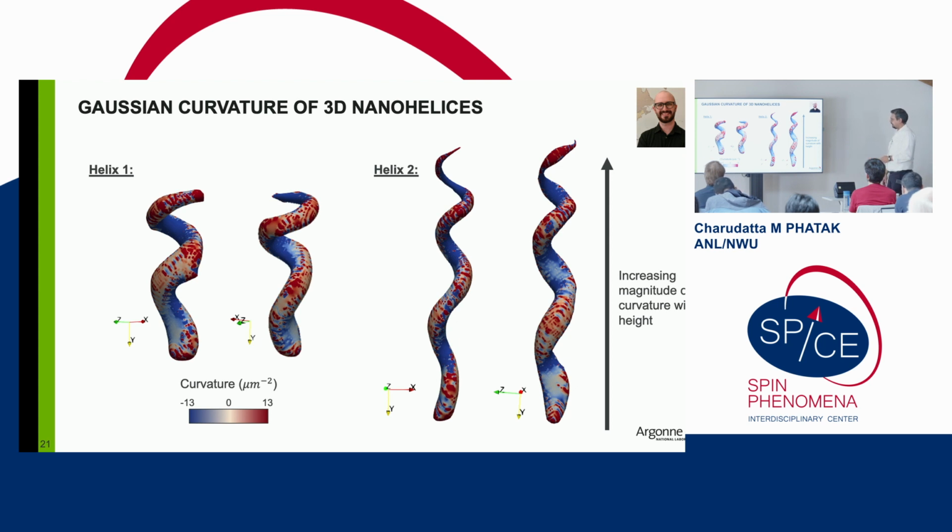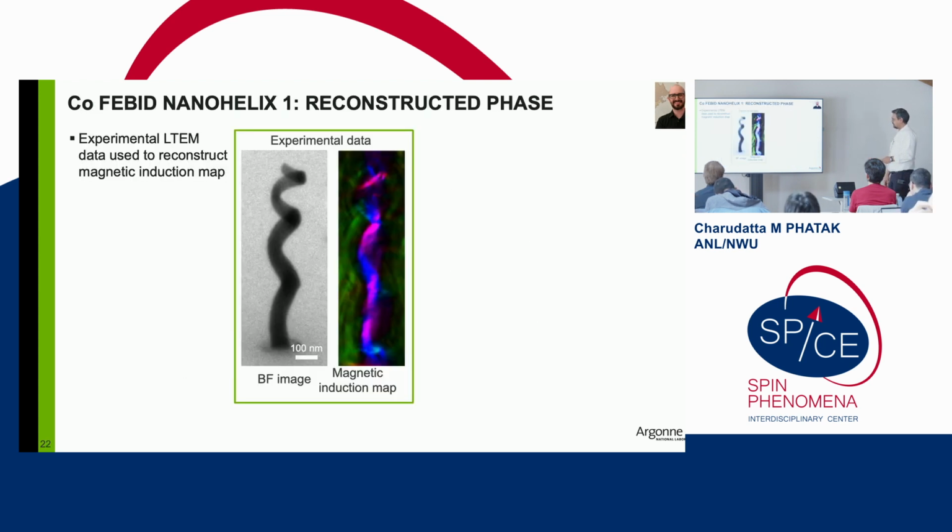Next, we wanted to look at what the magnetization state of these helices looks like. From the bright field images and by recording through focus series, we can reconstruct the magnetic induction map. Instead of just comparing it with simulated data of these nanohelices, John had a clever idea.